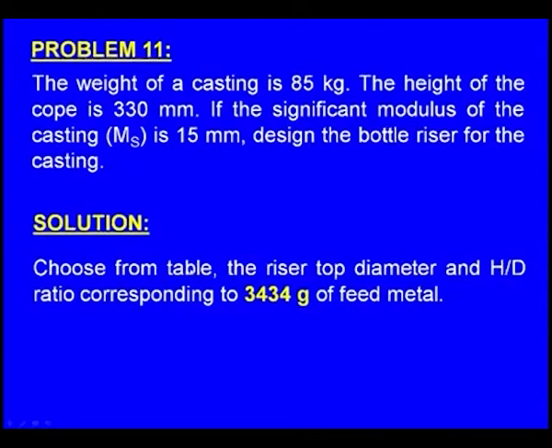So, this is the feed metal. Now, for this feed metal, we need to find out the dimensions of the bottle riser. Choose from the table the riser top diameter and H by D ratio corresponding to 3434 grams of the feed metal.